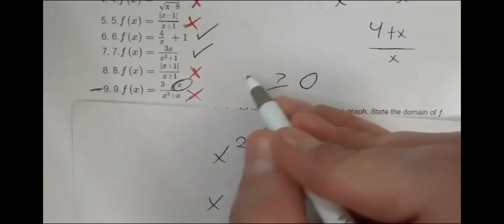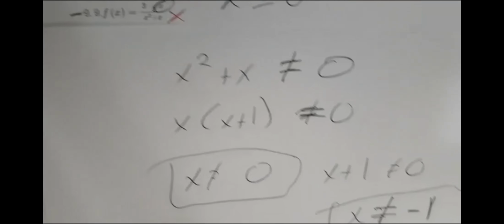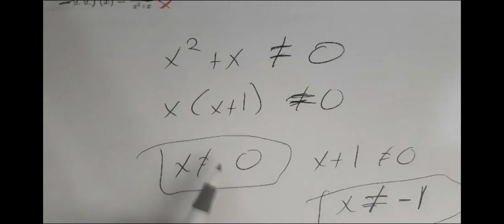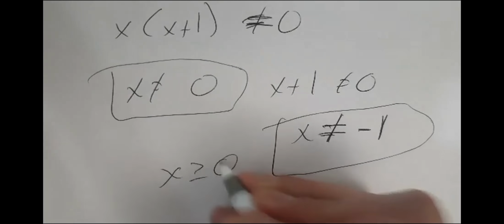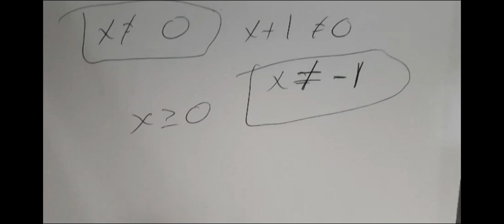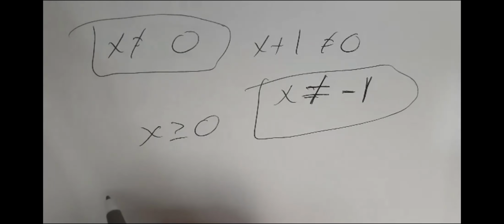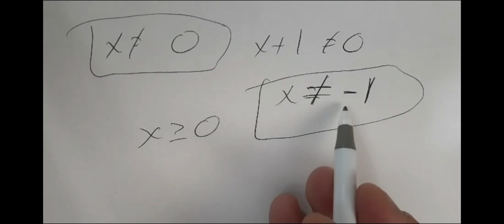So this thing in the square root is my x. So if my x is greater than or equal to 0, and x cannot be -1 and x cannot be 0, if I put these three things together, it might be easy to do it on a number line if it's confusing. I'm taking everything greater than 0, and x is not -1.